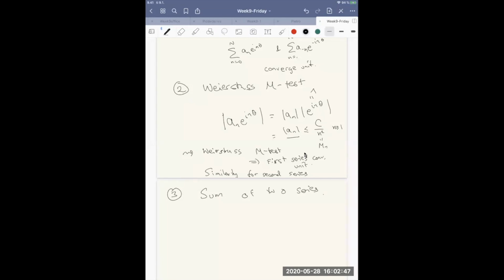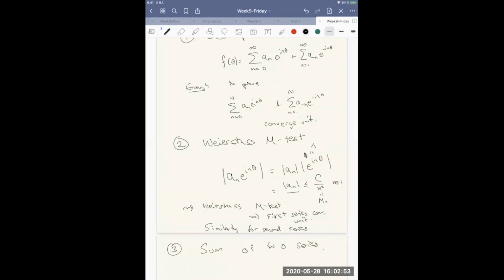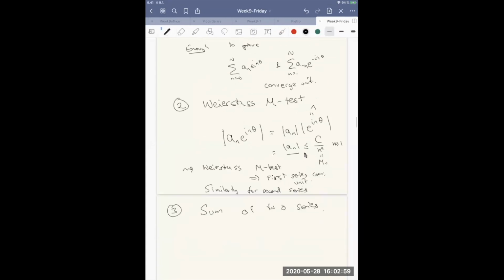And the final thing we have to observe is that if we have two things which are converging uniformly, so this series and this series, then their sum converges uniformly.